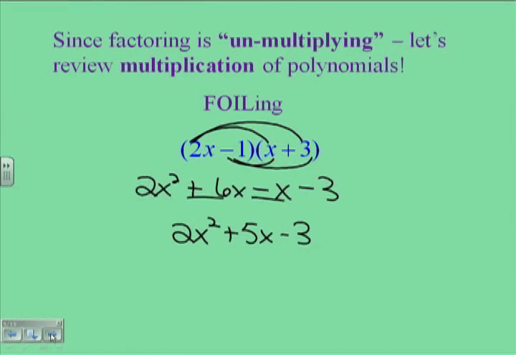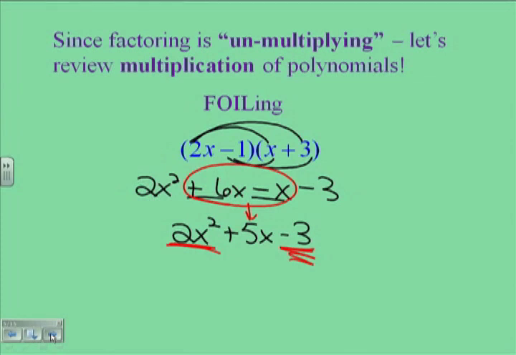And again, I want you to pay attention. From where did we get this 2x squared? That's the first times the first. From where did we get this negative 3? Last times last. And this 5x is the most complicated part of that result because he's the outers and the inners combined.